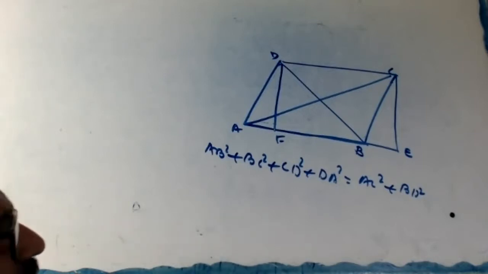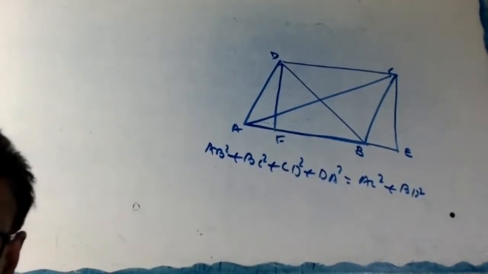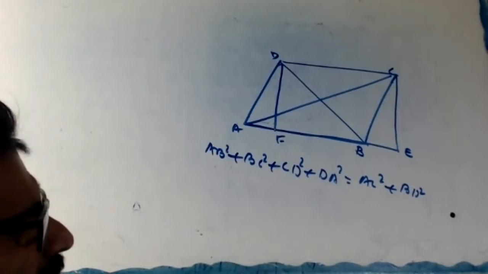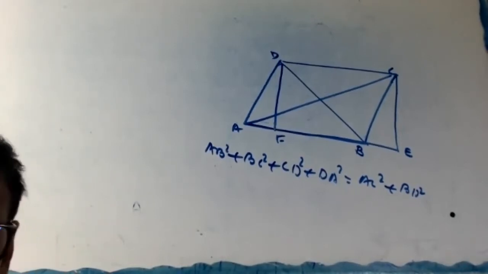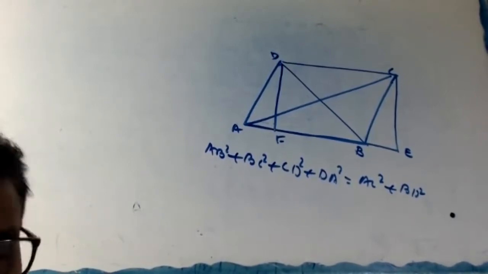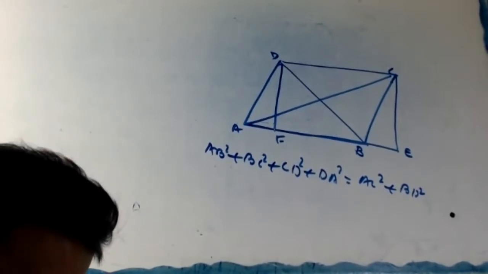You can write hypotenuse AD equal to hypotenuse BC. Don't just write AD. Hypotenuse AD equal to hypotenuse BC. Okay, then the reason: opposite sides of a parallelogram.